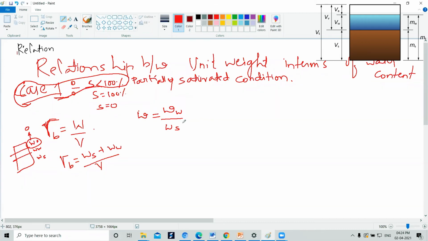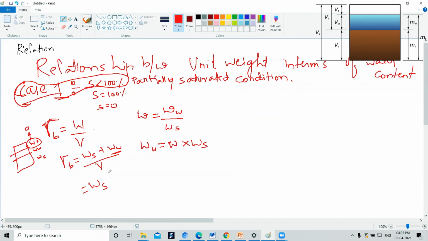Now cross multiply this. Weight of water is equal to water content into weight of solids. Put it in this equation, in place of W. So what will you get?